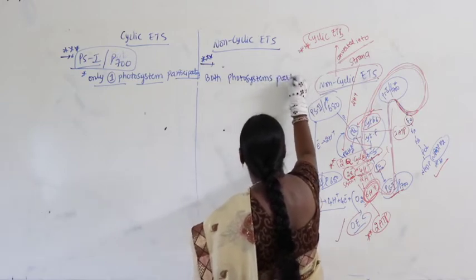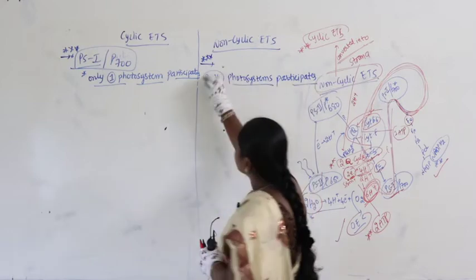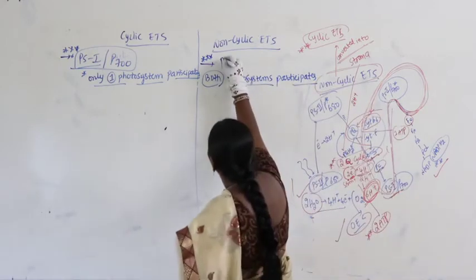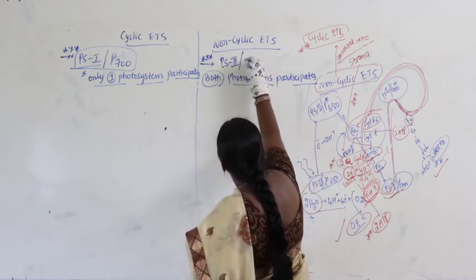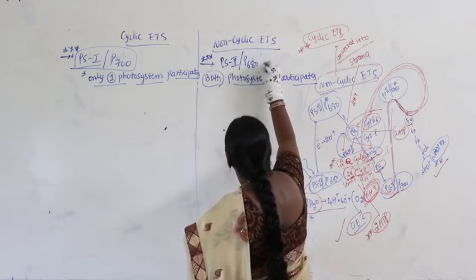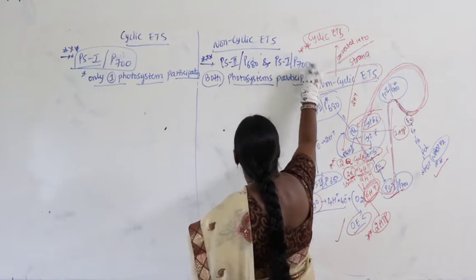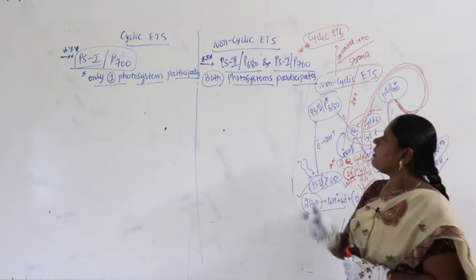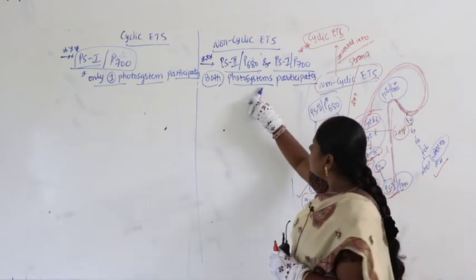Both photosystems participate. Which both photosystems here? Non-cyclic includes both PS2, which is called P680, and also PS1, which is called P700. In the non-cyclic electron transport system, it includes both photosystems.